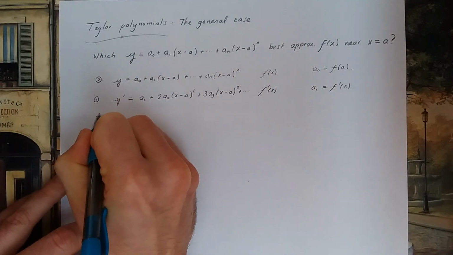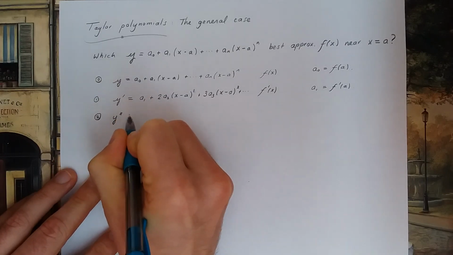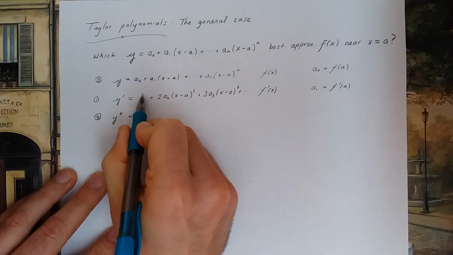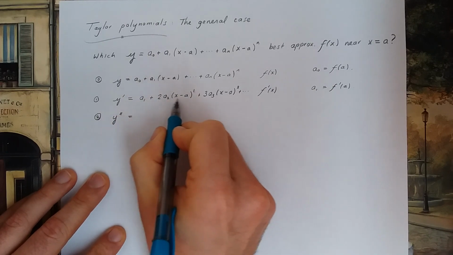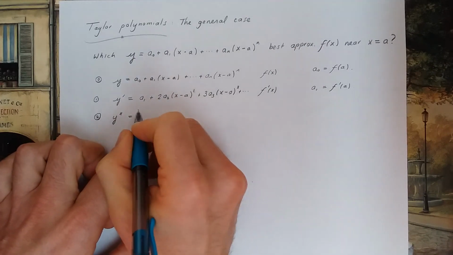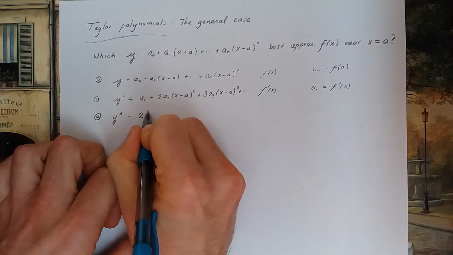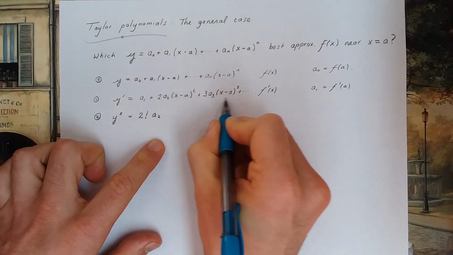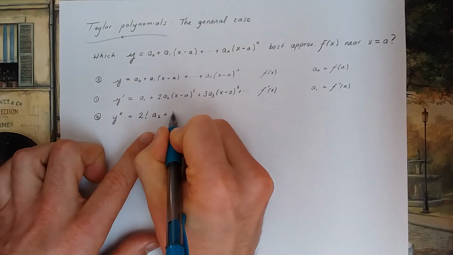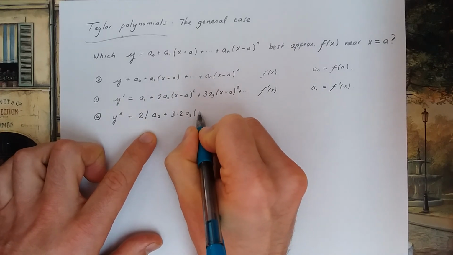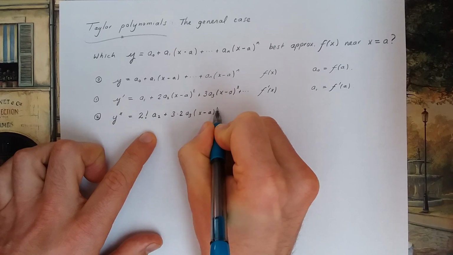The second derivatives need to match as well. So second derivative, this is going to give me the derivative of a constant is 0, and then this next term, the derivative is going to be 2 times 1, a2. I'm going to write that as 2 factorial a2. The next term would be 3 times 2, a3, (x minus a) to the first.